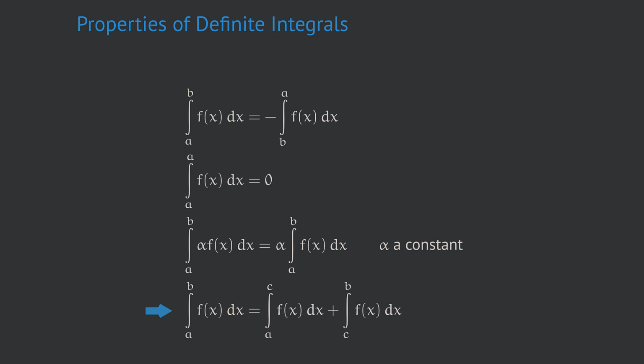And finally, if we integrate a function from a to b, we can split up the interval ab into two intervals ac and cb and calculate the integrals for these intervals and finally add up the results. This is nothing else than splitting up an area under the function into two partial areas, one ranging from a to c and the other one ranging from c to b.